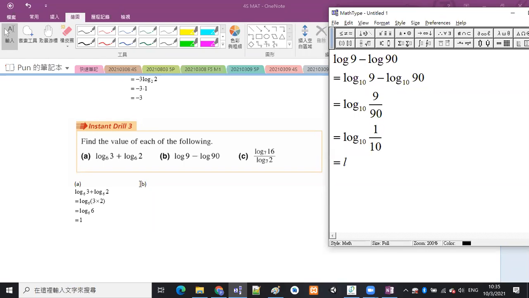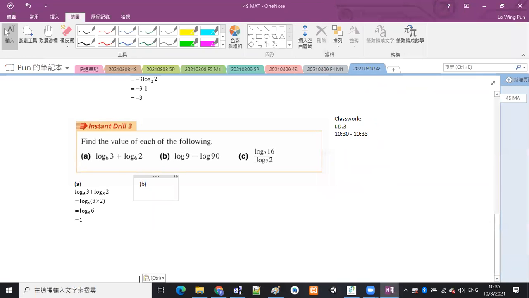But 1 over 10 can be written as 10 to the power negative 1. And then the negative 1 power can be brought to the front of the log. Negative 1 log 10 base 10, or just negative log 10 base 10. But for this log 10 base 10, the number inside the log is exactly equal to the base of the log, and this becomes 1. So it is negative 1 times 1. So that is negative 1. Okay?